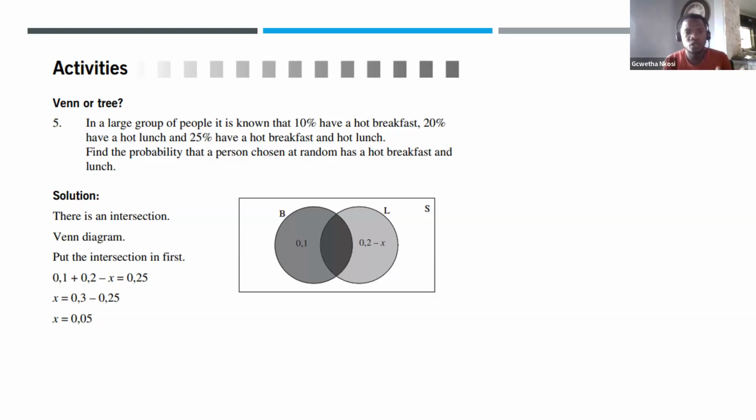So when you do your calculation, you've got your 0.1 and your 0.2 minus your x, which you don't know, you are looking for, which is the probability of a person chosen at random having a hot breakfast and a hot lunch. All of those you equate to 0.25, the 25% who have both hot breakfast and hot lunch. So you've got your 0.3 minus 0.25, which is 0.05. This was quite a simple one.